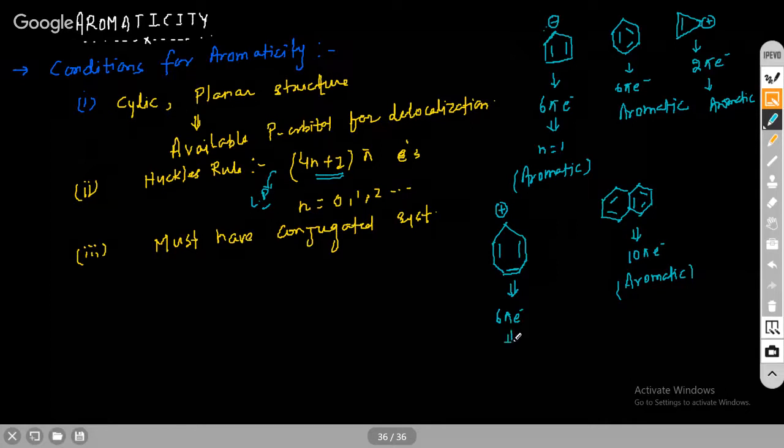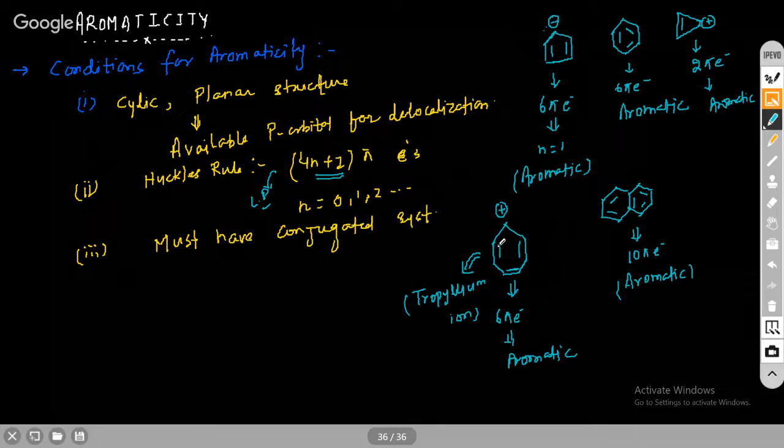So it is also aromatic. All these are aromatic compounds. See, the name of this compound is tropylium ion. Okay, the name is also important, you must remember. Okay, 1, 2, 3, 4, 5, 6, 7. 7 carbon atoms are present in the ion. All these you see, all these are aromatic compounds.